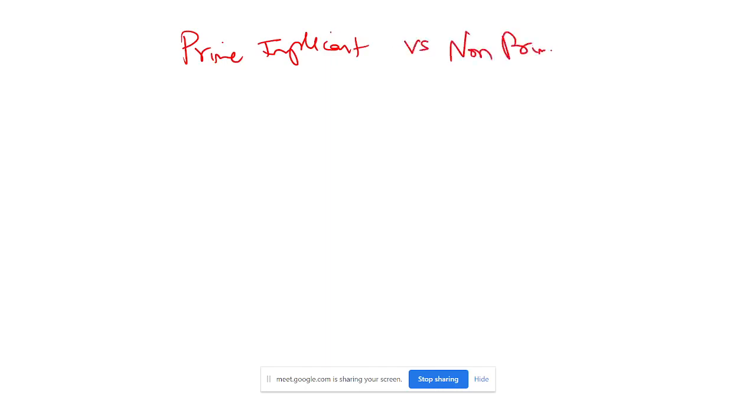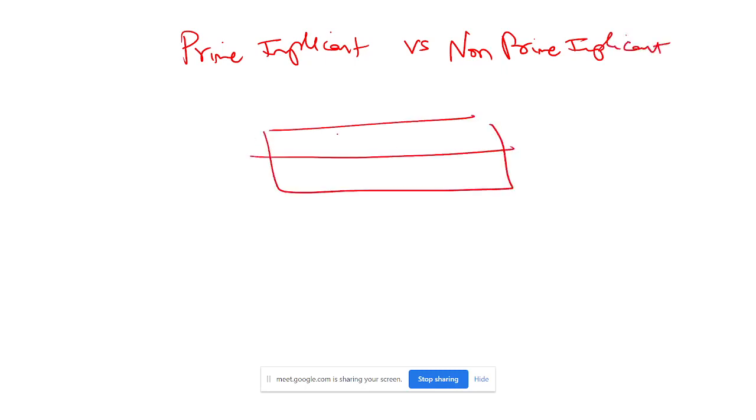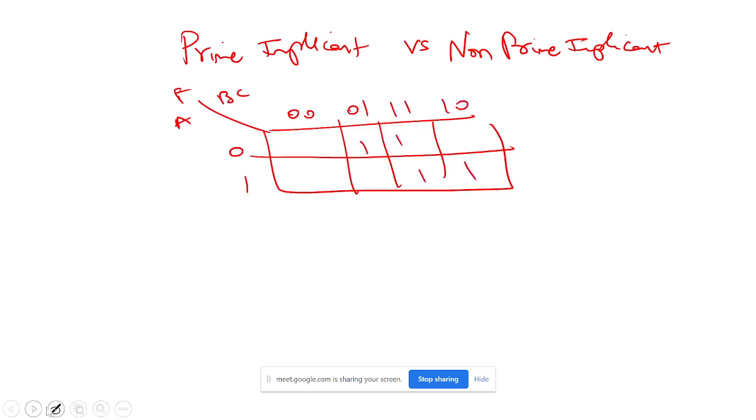There is something called non-prime. Okay, I take the same example. 0 1 0 0 0 1 1 1 1 0, right? This is the example. Now we have identified the essential prime implicants. These two are essential EPIs.